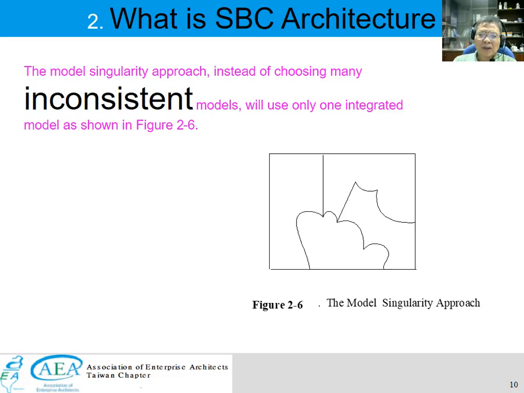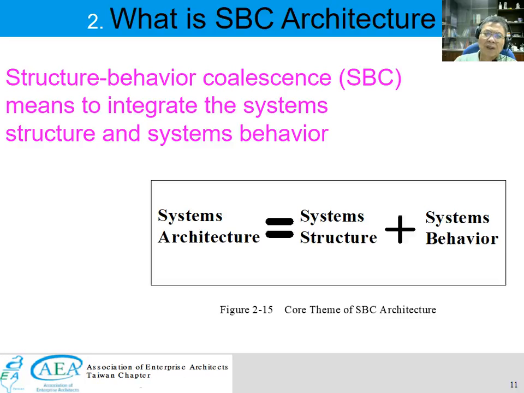The second approach is called the model singularity approach. Instead of choosing many inconsistent models, this second approach will use only one integrated model, as shown in Figure 2-6. Structural behavior correlations, SBC, means to integrate the system structure and system behaviors.